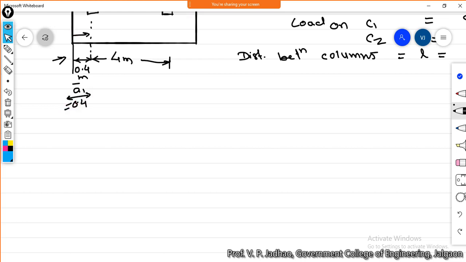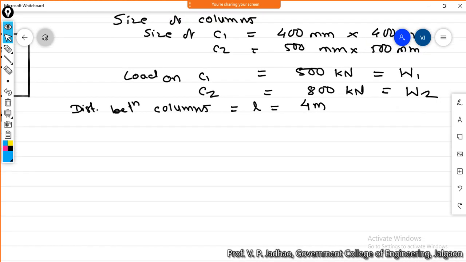This particular distance is given as 0.4 meter. So we have A1 is equal to 0.4 meter.